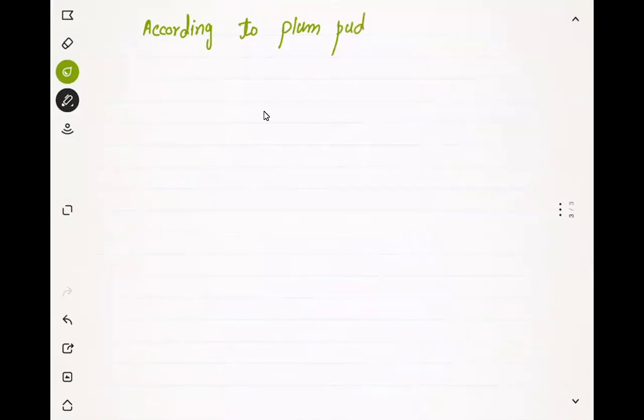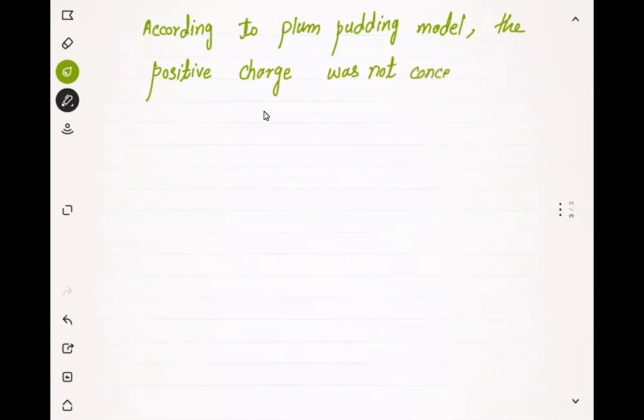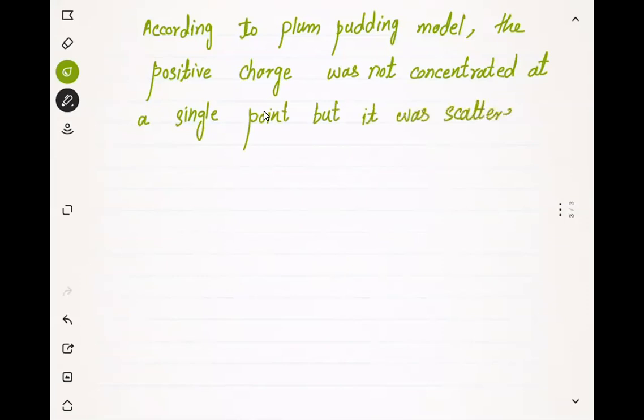According to the plum pudding model, the positive charge was not concentrated at a single point, but it was scattered throughout the structure of the matter.